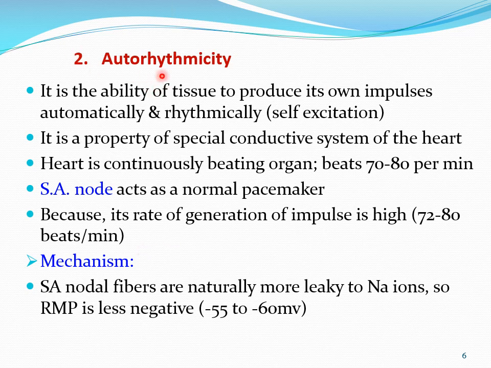So under this property you should know there is a special conductive system in the heart, and this special conductive system has the capacity to produce the impulse. Also you should know the mechanism of generation of the impulse. Now we'll discuss how the impulse is produced in the SA node.